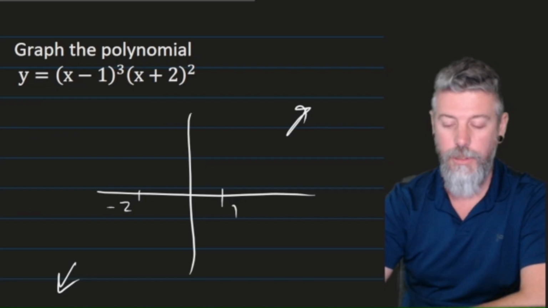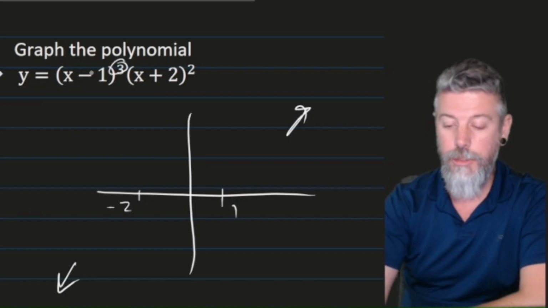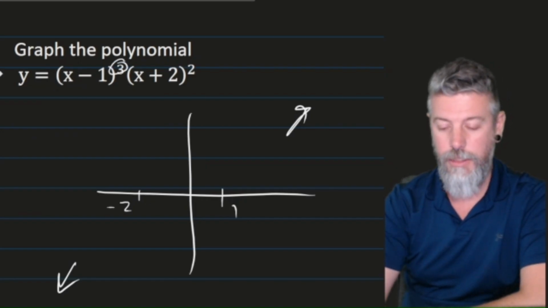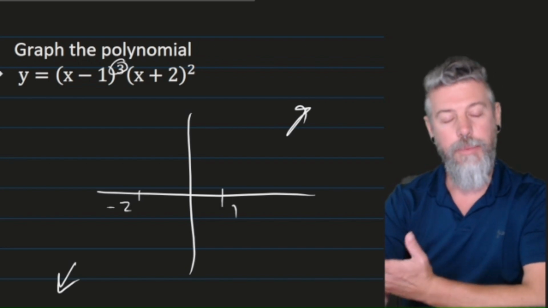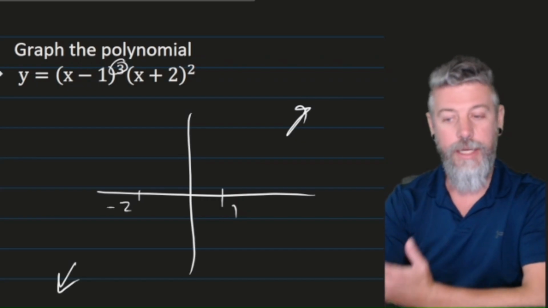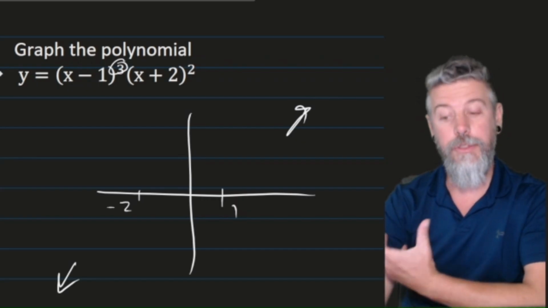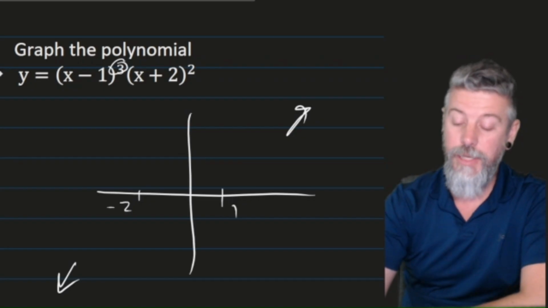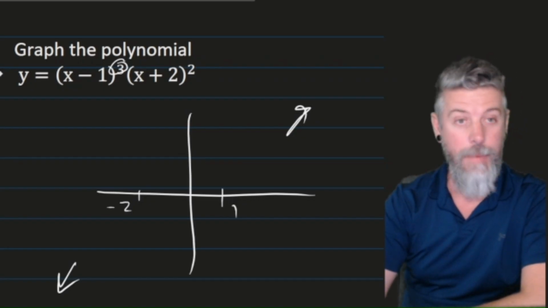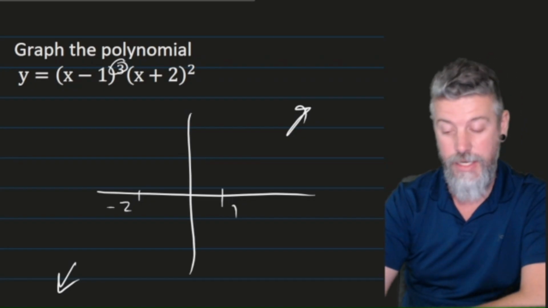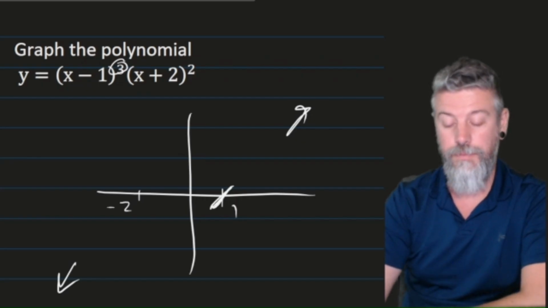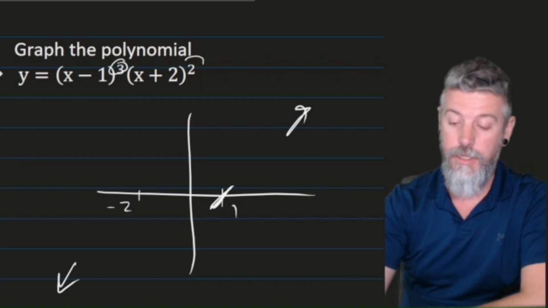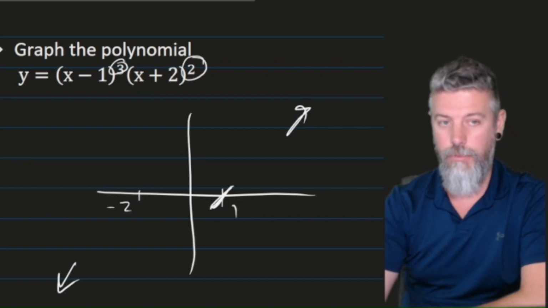So let's have a look. We've now got a multiplicity 3 on this linear factor. Therefore, if it's odd, like our x to the power of 1, which is our lines go through, so odd goes through. So we're expecting this x at 1, the x minus 1 factor here, we're expecting it to go through. Over here at this one, we've got an even multiplicity, so we're going to expect a bounce.